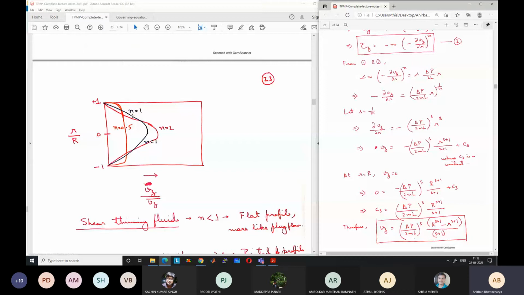If we have a shear thinning fluid, if n is less than 1, between 0 and 1, then we have a more blunt profile, like shown here. I will draw it here.